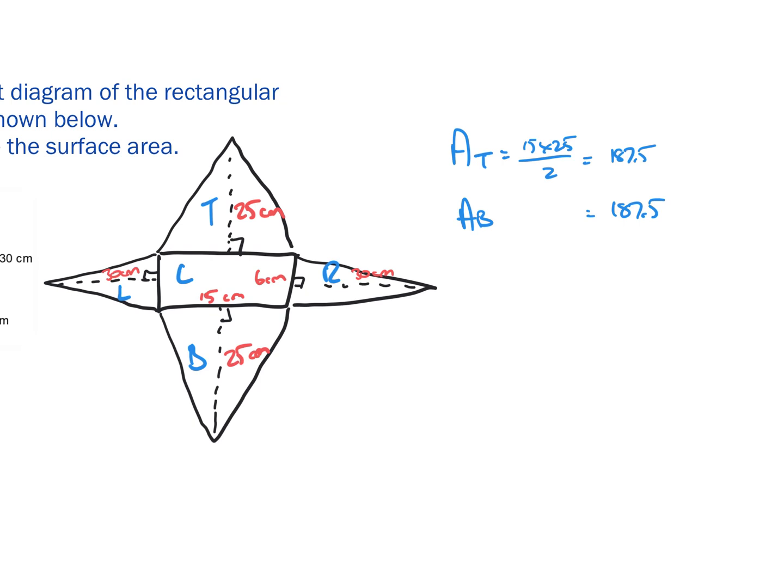So the top and the bottom are the same. Now the left and the right are also the same. The left, so it's going to be what times what divided by 2? 30 times 6 divided by 2. What might that be? 90. Excellent.